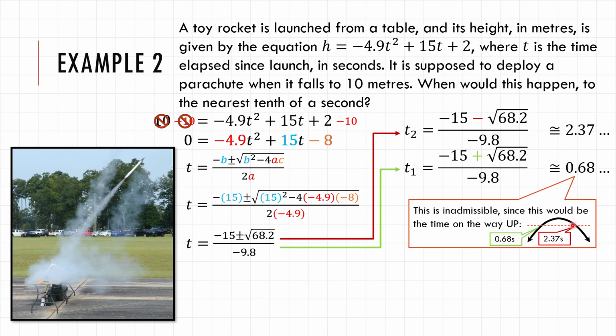And then it comes down and it passes it again at about 2.37 seconds. And so 0.68 would actually be an inadmissible solution, right? We don't care. The parachute is not going to deploy on the way up. It's going to deploy over here when the rocket is falling down. And so my final answer here would be the rocket would deploy its parachute at about 2.4 seconds because I'm rounding that to the nearest tenth.